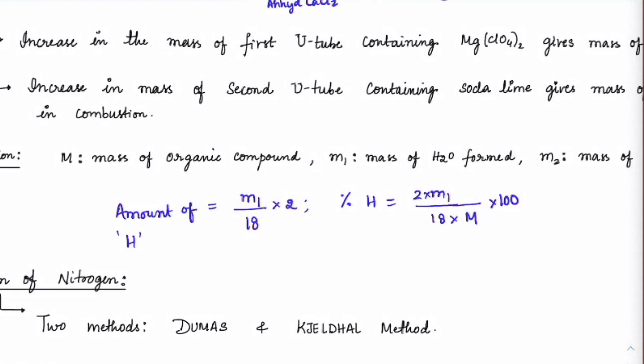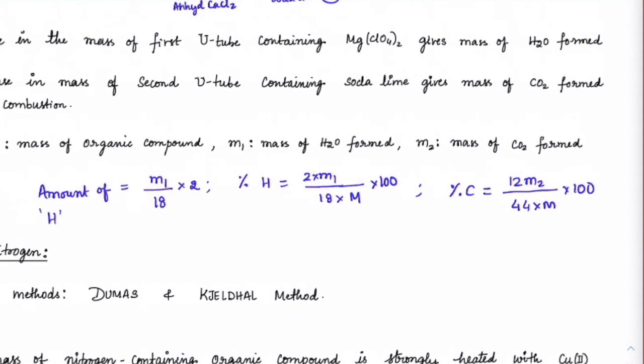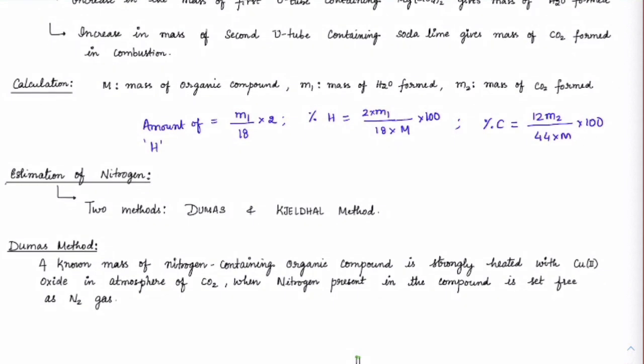Everybody understands that, right? Same way, the percentage of carbon would be equal to 12 times m2 divided by 44 into M into 100. If anybody hasn't understood that, please do ask right now. This is how we calculate the percentage of carbon and hydrogen.